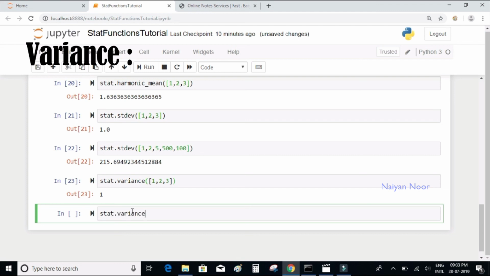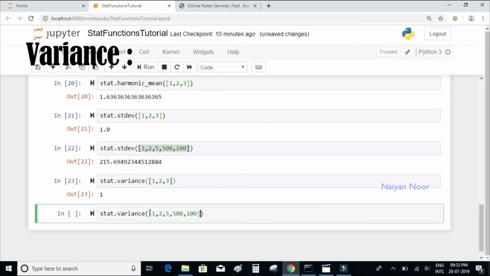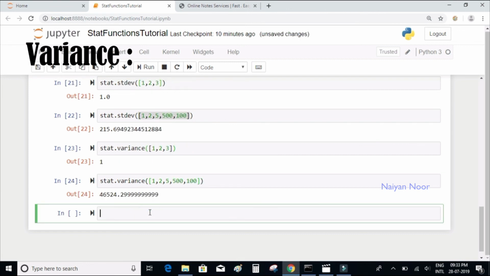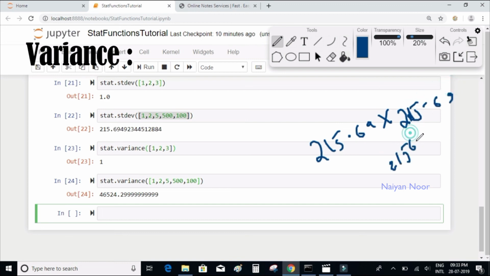And if we try to find the variance of the other data set, it should be some big number. What is this number? Basically it is 215.69 into 215.69, which is 215.69 the whole square. So this is the number that we are getting here.